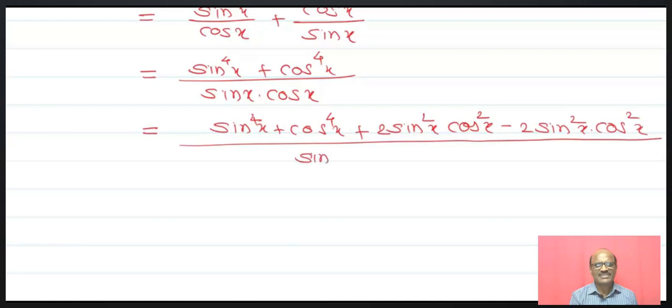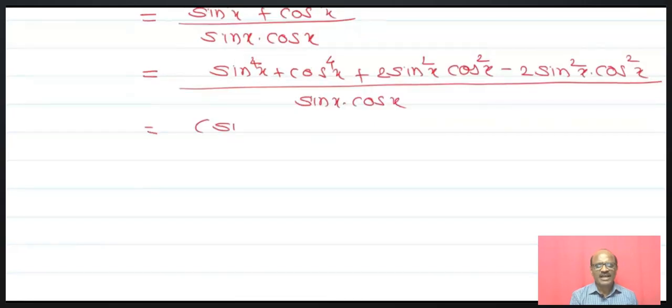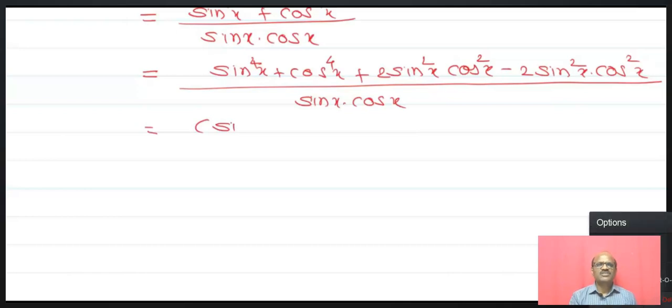Note these steps, because we have to form the numerator as a square of sin square x plus cos square x. These are the original terms, and we have added 2 times sin square x cos square x and subtracted 2 sin square x cos square x. Now this is the perfect square of sin square x plus cos square x.